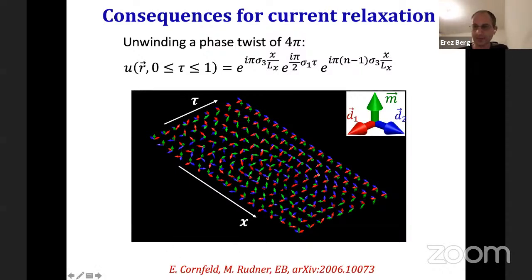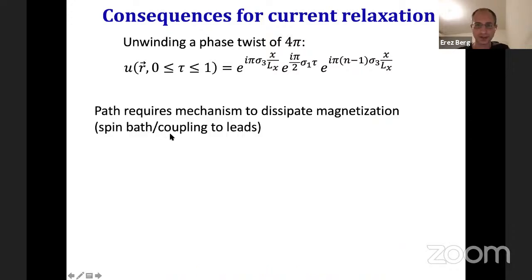So that's the basic phenomenology, and we'll study consequences of this. We'll just flash a few consequences, and then maybe I'll conclude. First of all, we noticed that for this path to be possible physically, for this to actually occur, we need some mechanism to dissipate magnetization.